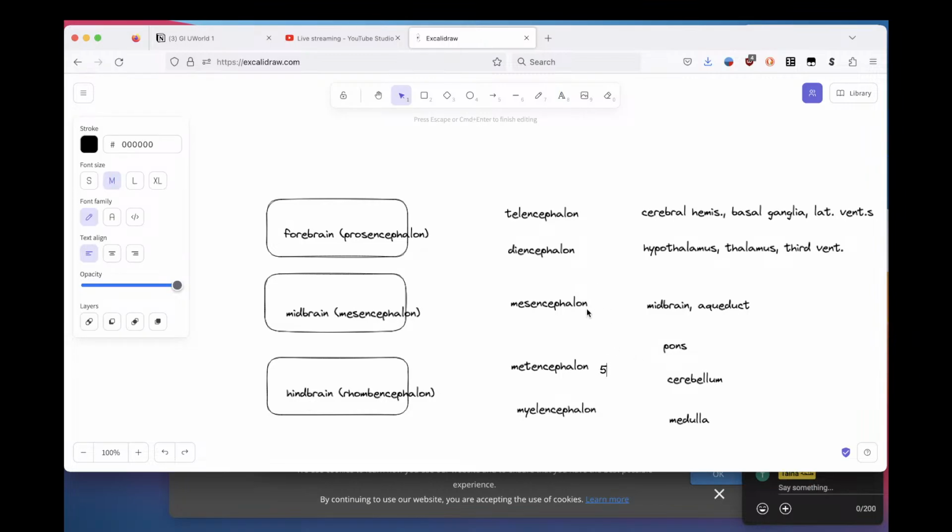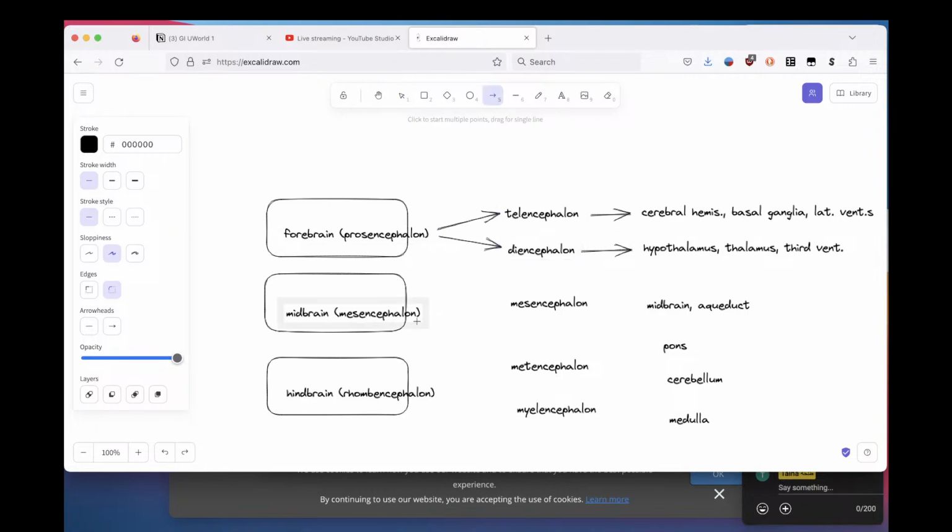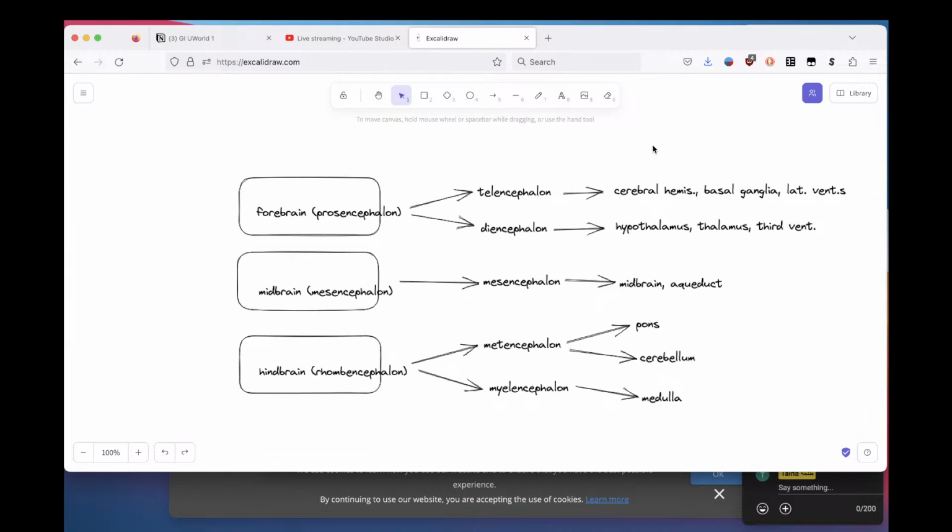Okay, and then let's draw the arrows. Okay, that's nice.